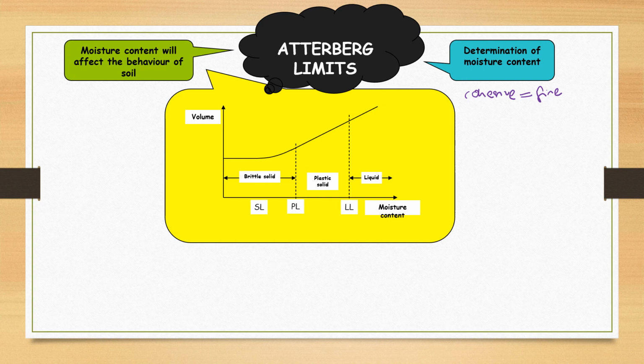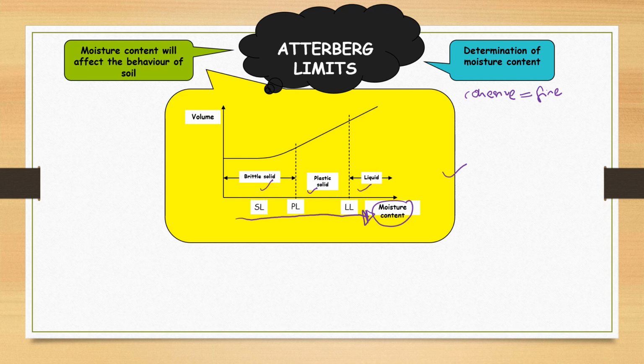If you look at this figure, this is your moisture content, so more water means higher moisture content. The state of soil would change from brittle solid to plastic and finally to liquid with increasing moisture content.